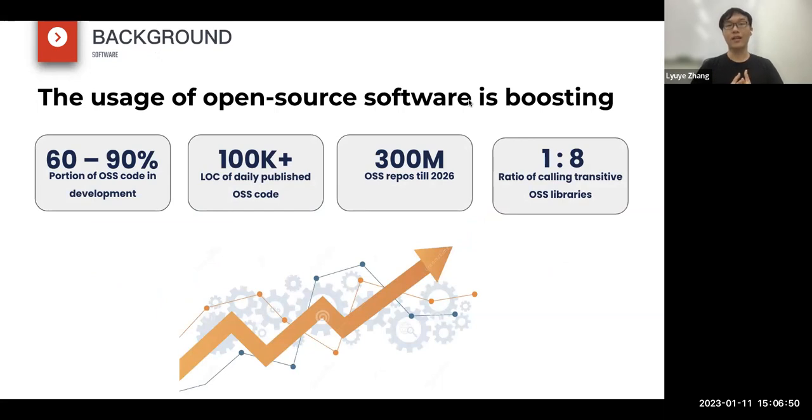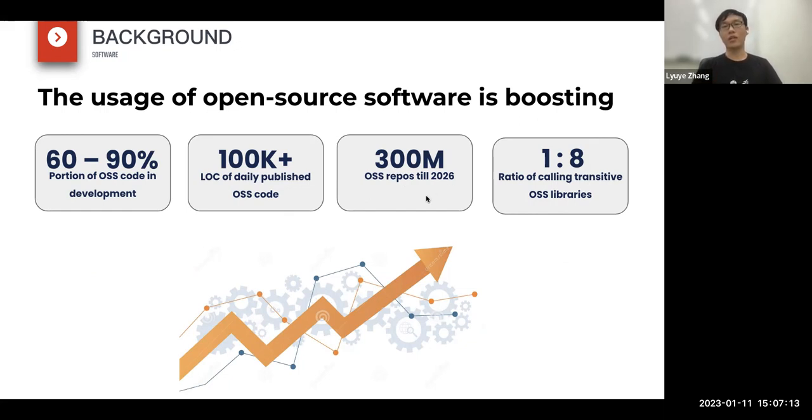Nowadays, 60 to 90% of software in development uses open source code. It can be predicted that by 2026 there will be 300 million open source software repos.